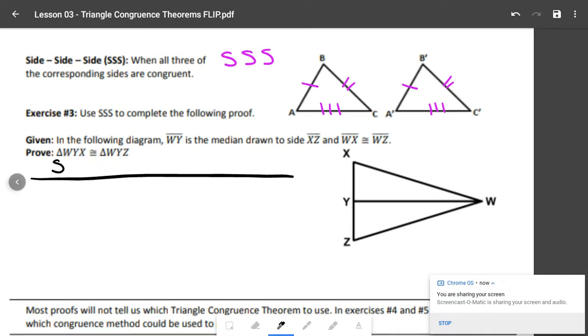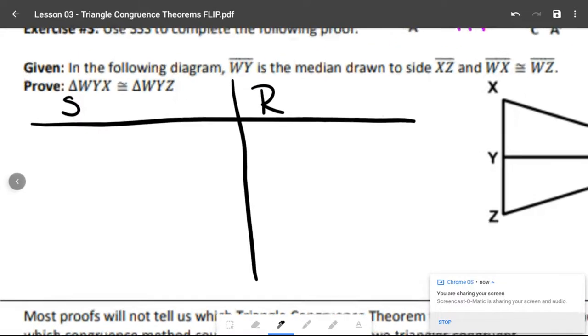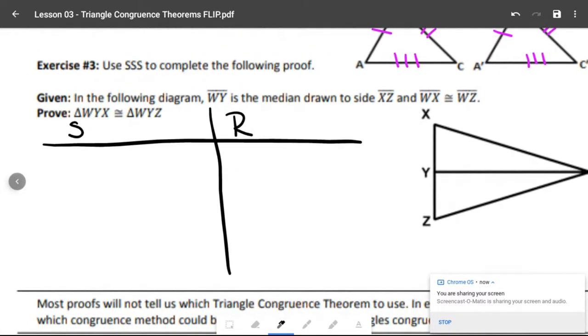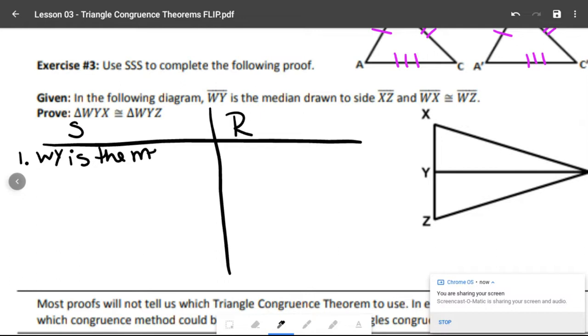I'm going to set us up with a table to organize our ideas. Oops, back to the page we were on. Now remember, first step is always the given. So I don't have to write the whole thing in the following. I want the big geometry ideas like WY is the median of XZ.